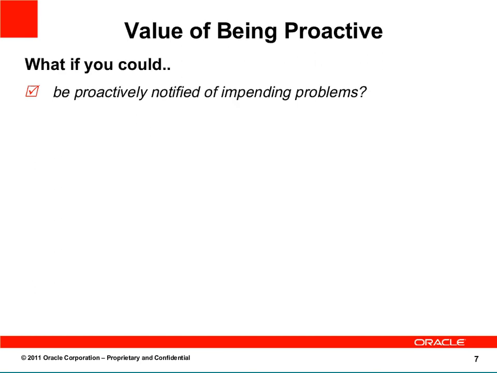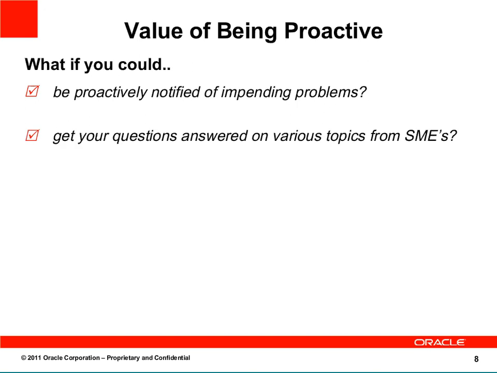Well, what is the goal of being proactive? What if you could be proactively notified of impending problems? As I mentioned earlier, I have been a member of support in various capacities for over 10 years. In that time, I have been involved in many instances where some proactive measures would have prevented a problem.